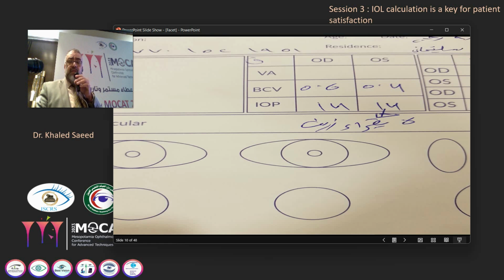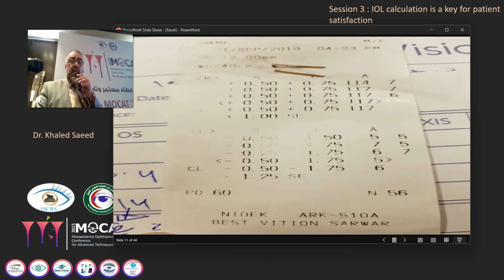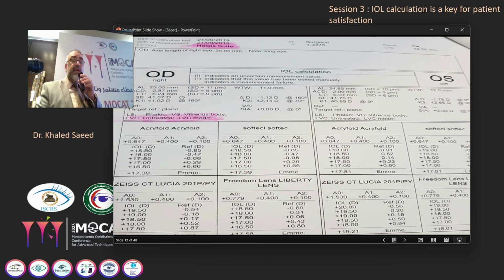So for patients like this one, because you have the history, I go to the practical point. Here in the Hagis and Parrot formula, we have something called treatment mode, meaning LVC, laser vision correction mode. This is what I nowadays put in for every such patient.